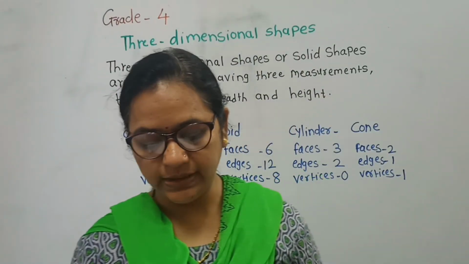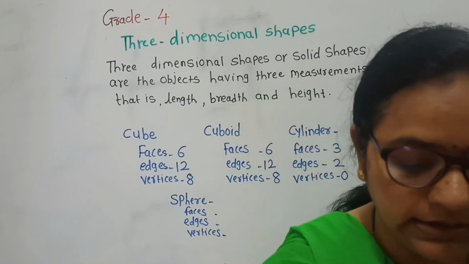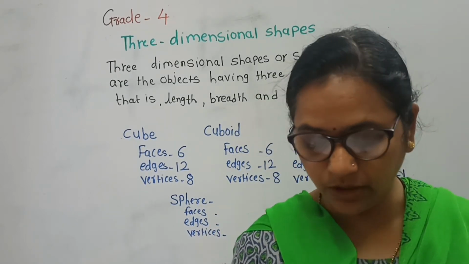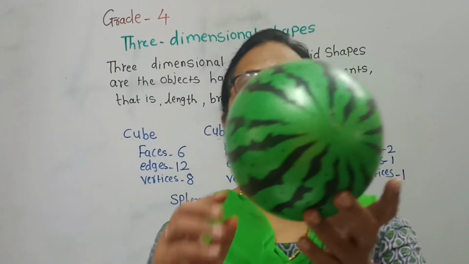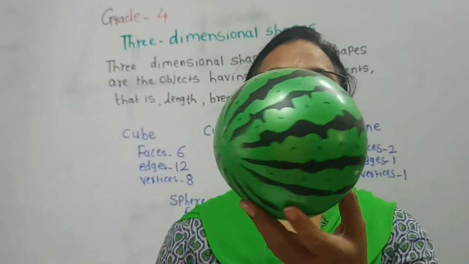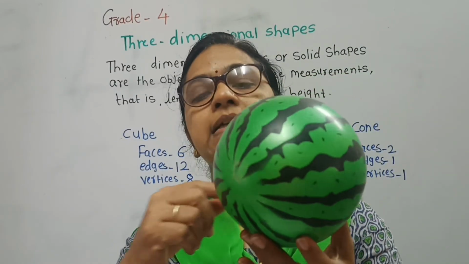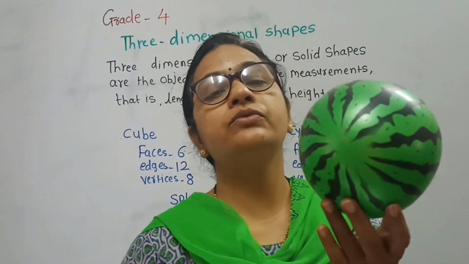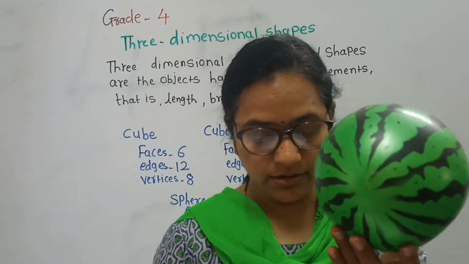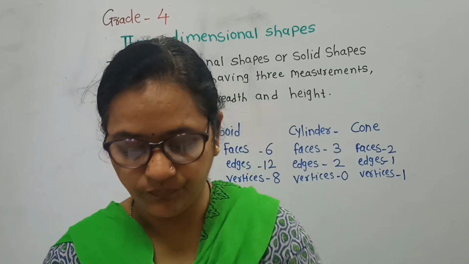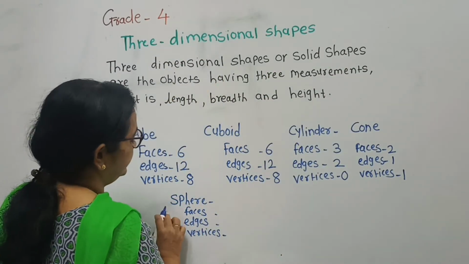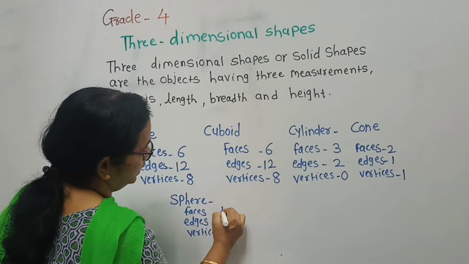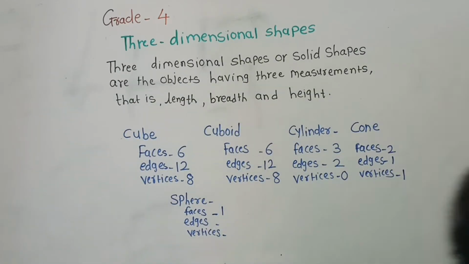Yes, a globe is also in sphere shape. Okay. Now come on. See the face of a sphere. This is one curved surface. Okay. So a sphere has one curved surface.